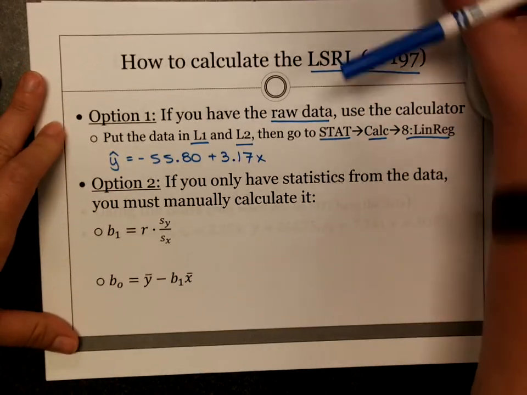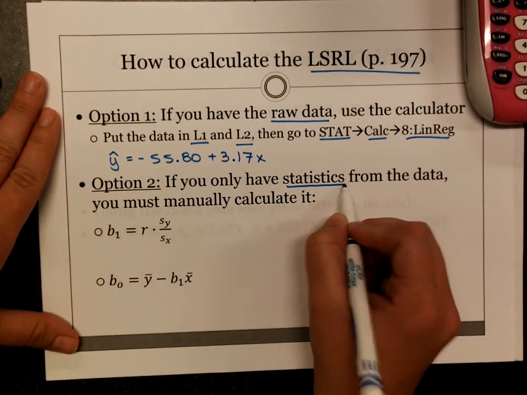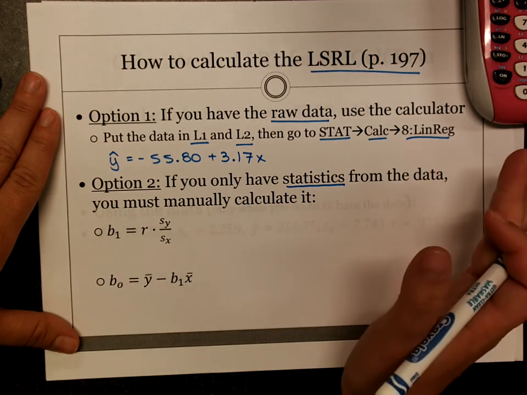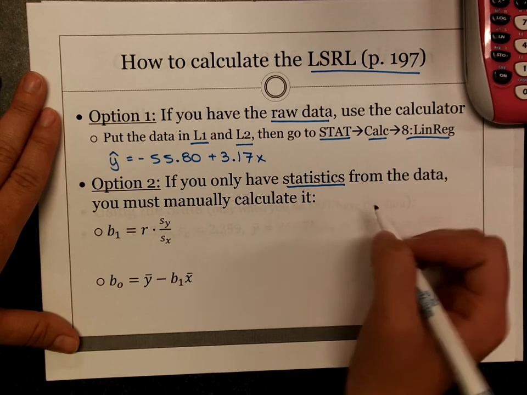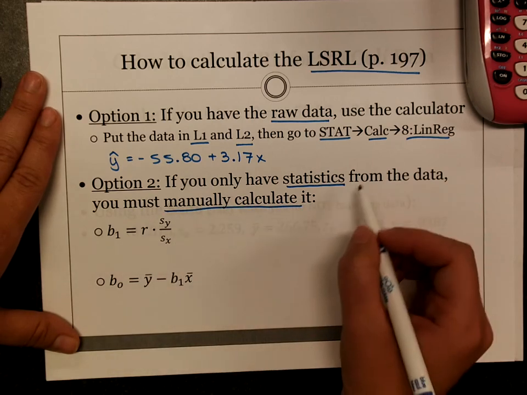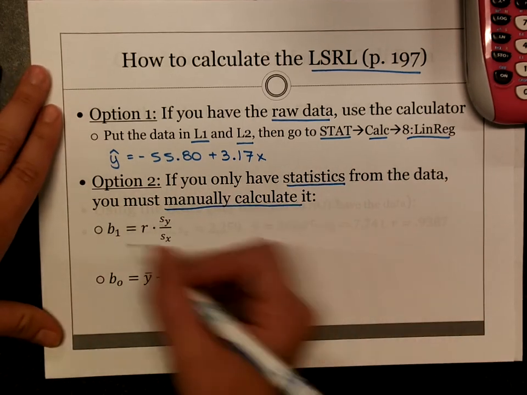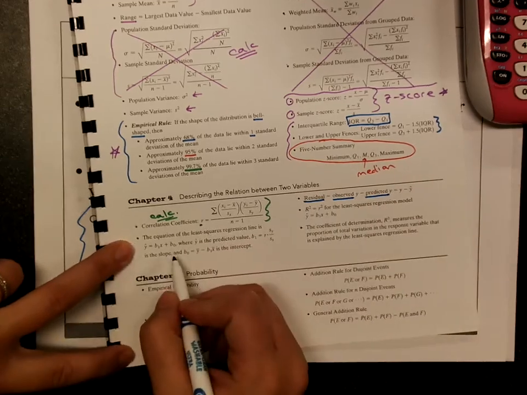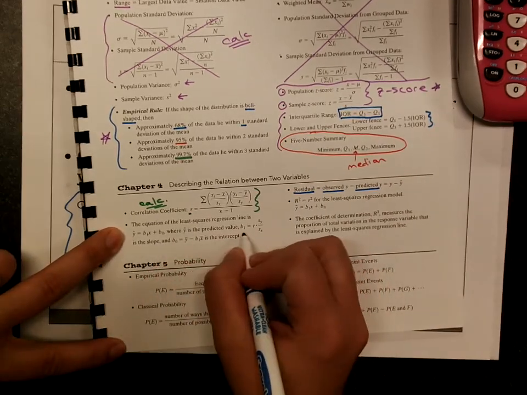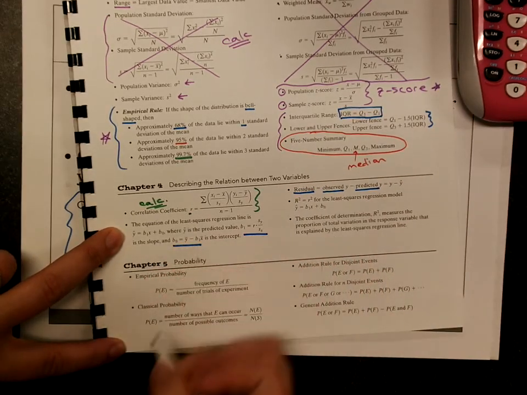If you only have the statistics from the data, which I think there's a homework question, I'm not going to make you do this by hand on your test, but you have to manually calculate the LSRL using these two formulas, which are on your formula sheet. There's how to get B1, and there's how to get B naught.